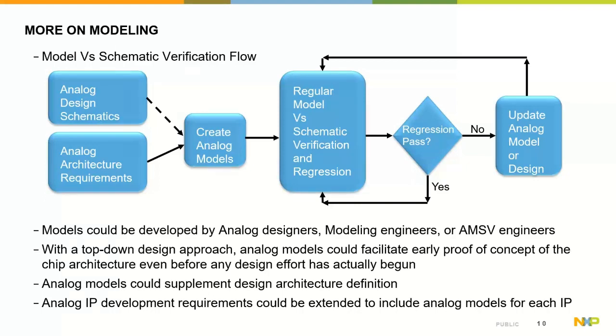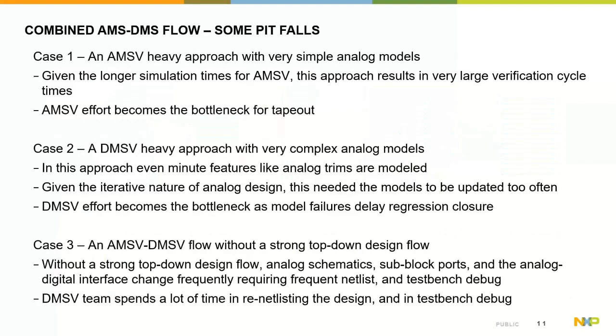So here I show some pitfalls that I have seen through my career following this approach. One case is an AMSV heavy approach, which you would see typically in many mixed signal groups, where a lot of coverage is being provided by AMS because of using very simple analog models. That means AMS becomes a bottleneck for tape-out because of the really long simulation times.